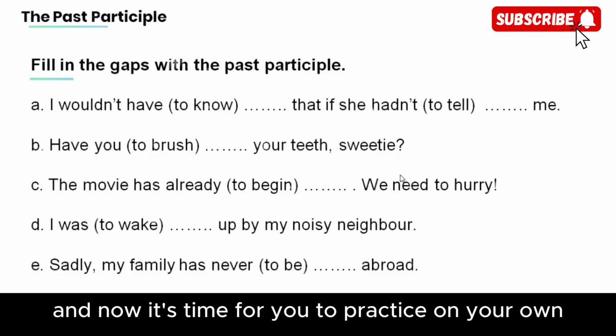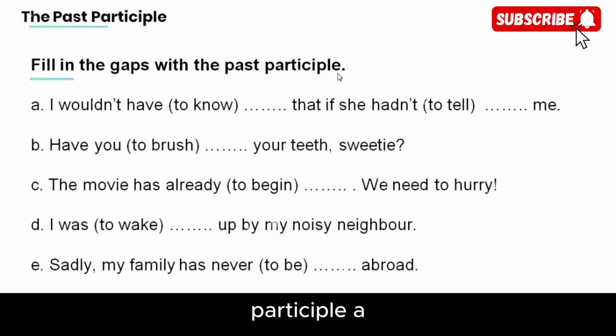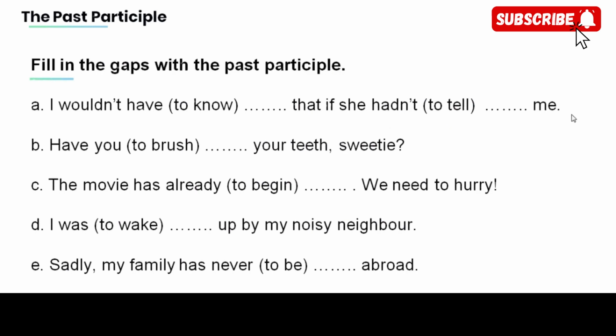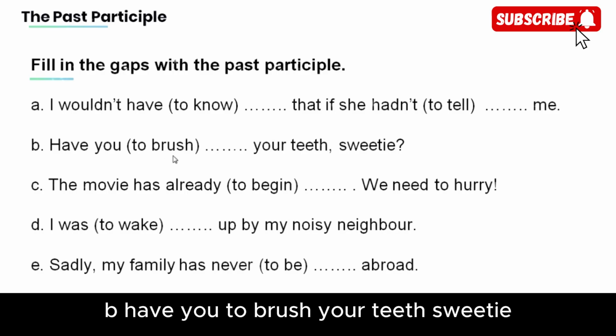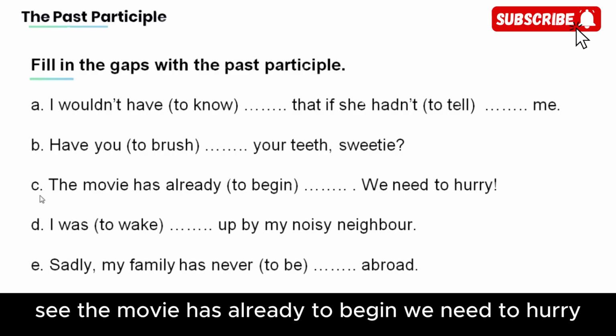And now it's time for you to practice on your own. Read the following sentences and fill in the gaps with the past participle. A. I wouldn't have to know that if she hadn't to tell me. B. Have you to brush your teeth, sweetie? C. The movie has already to begin.